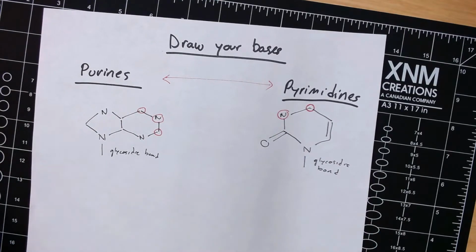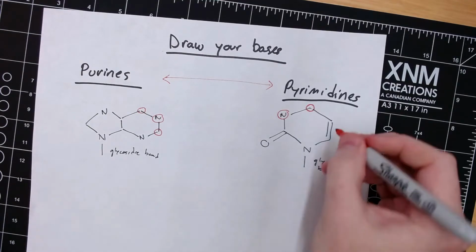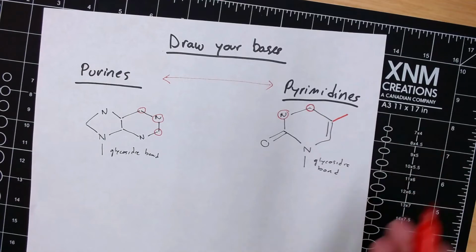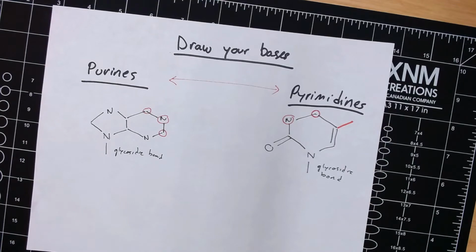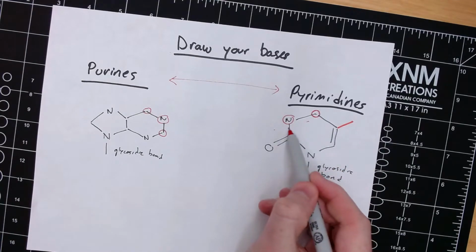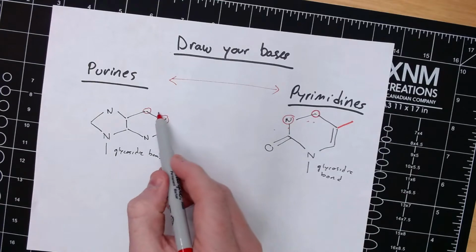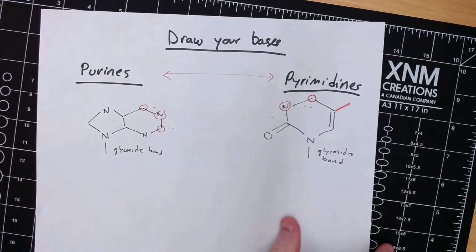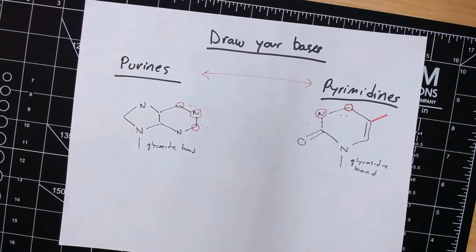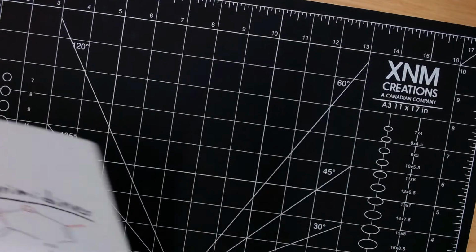Now I'll add that thymine in DNA has a methyl group at this position and doesn't have a methyl group at this position in the corresponding pyrimidine uracil in RNA. But for the most part, the things you'll want to really focus on are these 2 positions in the pyrimidines or these 3 positions in the purines. And so from this scaffold, we can now go ahead and draw all the nucleotides.